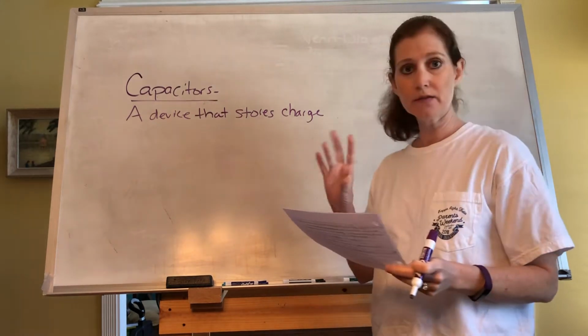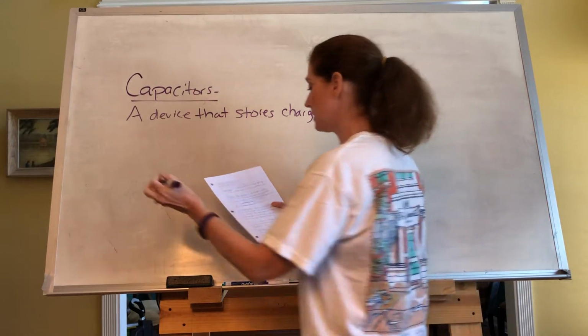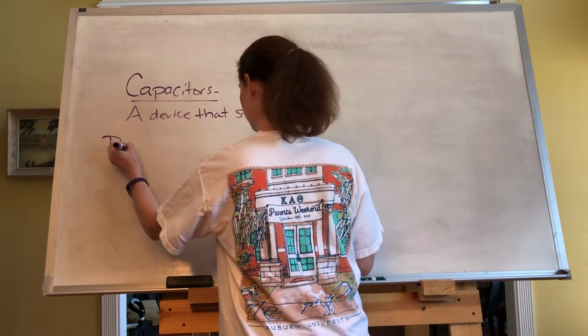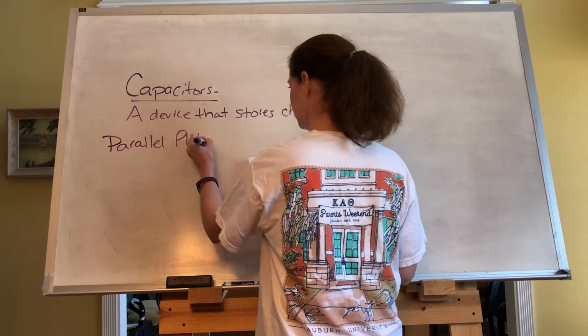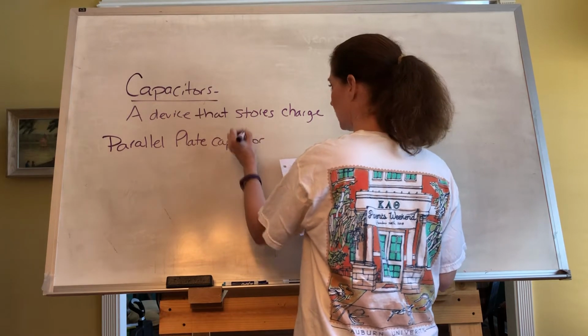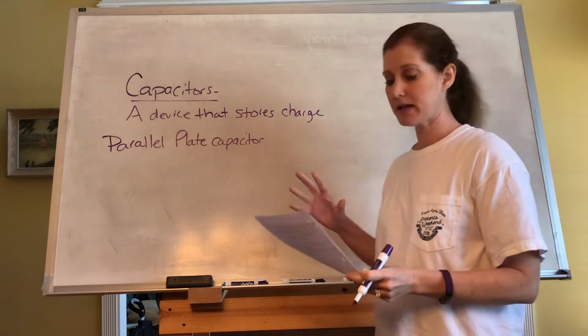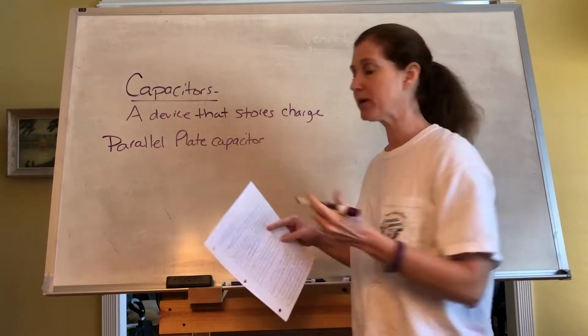The one that I was just talking about is called the parallel plate capacitor. And the parallel plate capacitor has two conductive plates that are obviously parallel to each other.